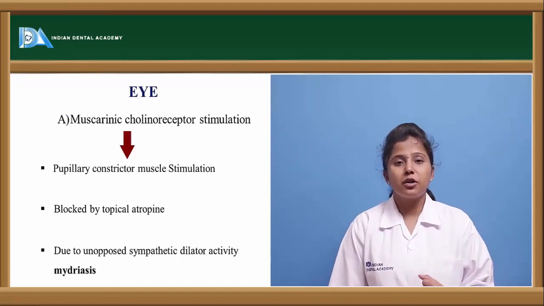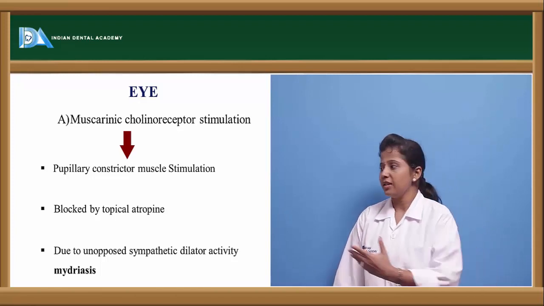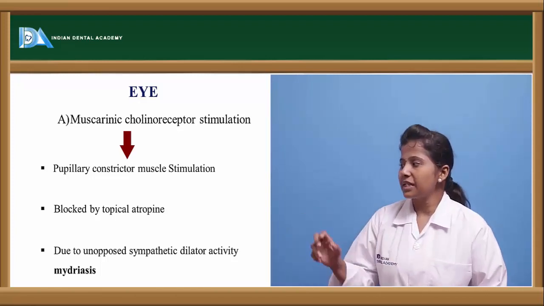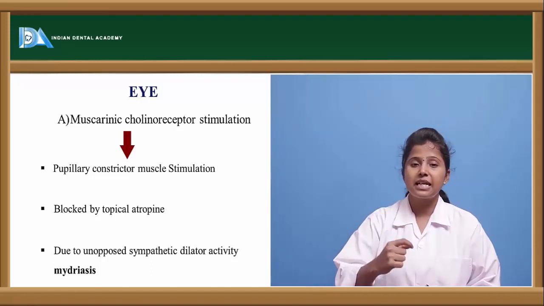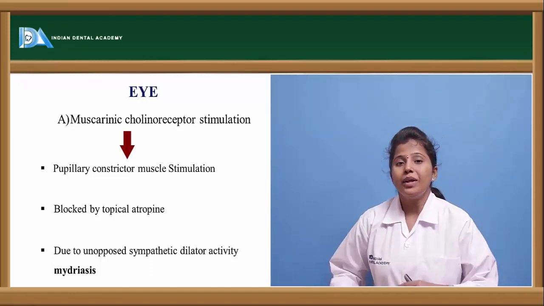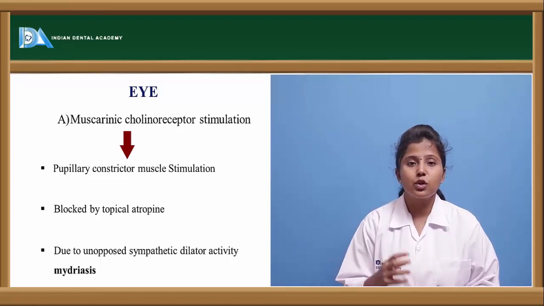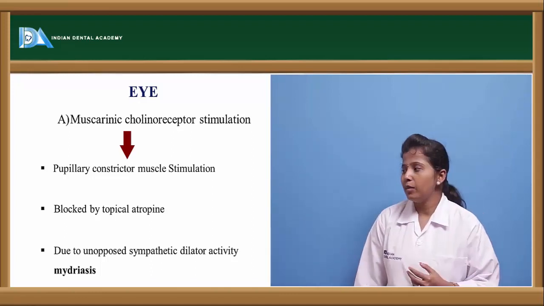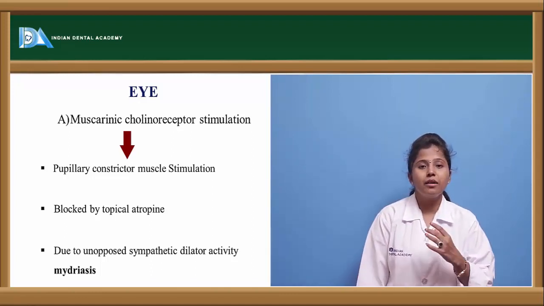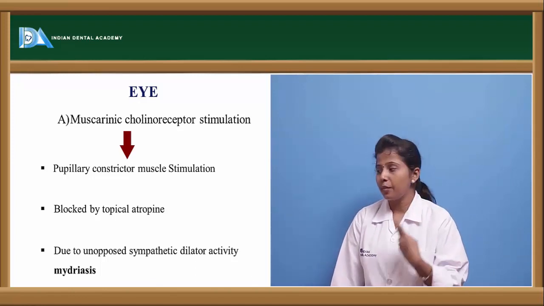What are the pharmacological actions of these antimuscarinic drugs in the eye? Here you can see the flow chart. Muscarinic cholinergic stimulation: the muscarinic receptors present in the eye, when stimulated, cause constriction of the pupil. This is blocked by topical atropine. If constriction of the pupil takes place, the vision won't be proper.